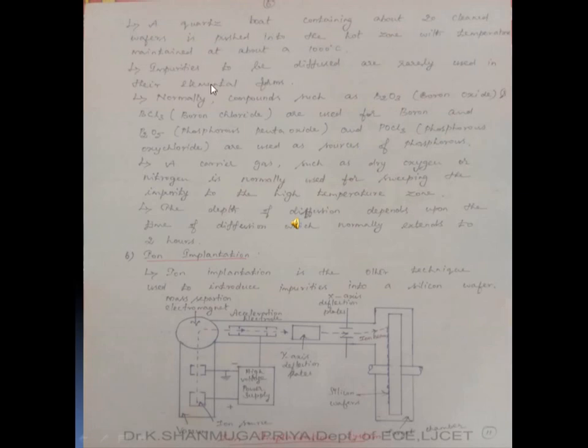The impurities and nitrogen are passed through it on the way to the quartz boat containing the silicon wafers. The furnace temperature is kept close to the melting point of silicon, 1000 to 1200 degrees Celsius.